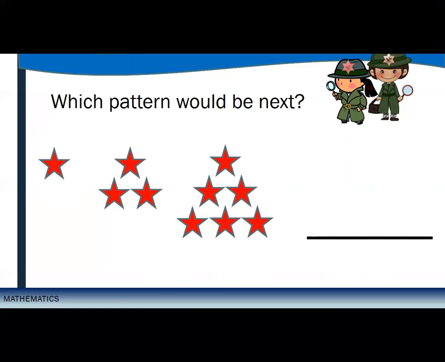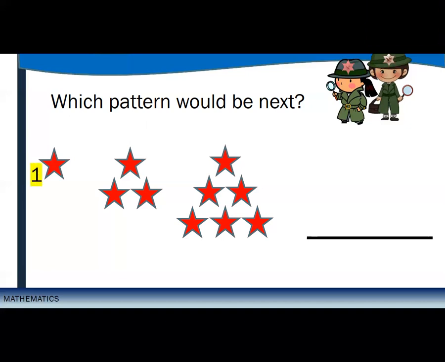Have you noticed a rule for this star pattern, boys and girls? Great going. If you said you noticed that the bottom row for the star pattern is increasing or growing by the next counting number, that is correct. You might have even seen a different pattern, but let's look at what is happening as we move from one pattern to the next.